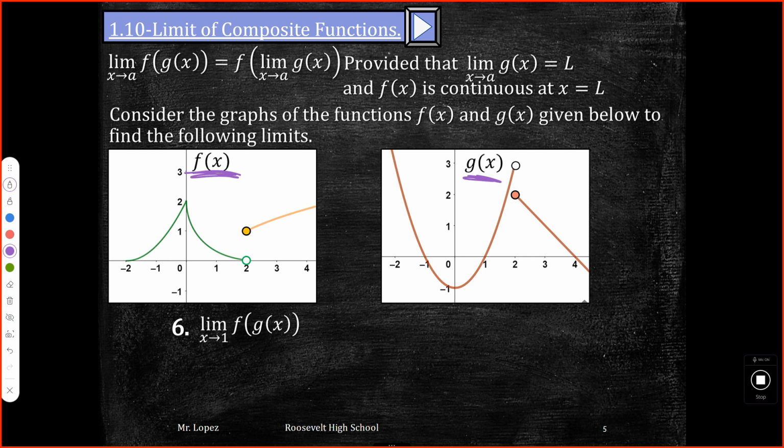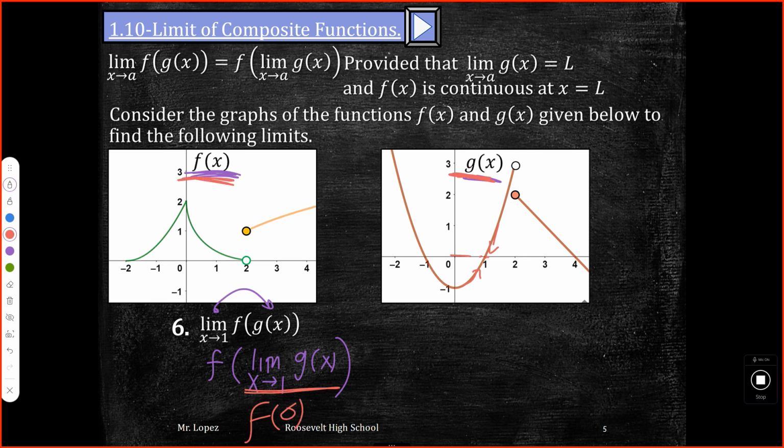Let's just apply the definition blindly: f of the limit as x approaches 1 of g of x. As x approaches 1, we get closer and closer to 0. The limit is 0. So now we go f of 0.